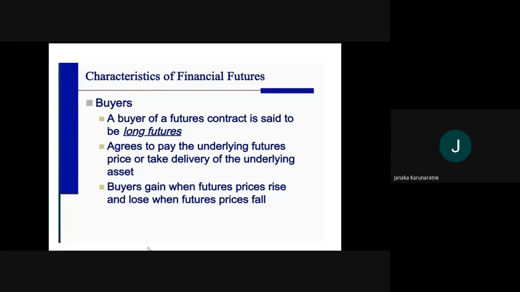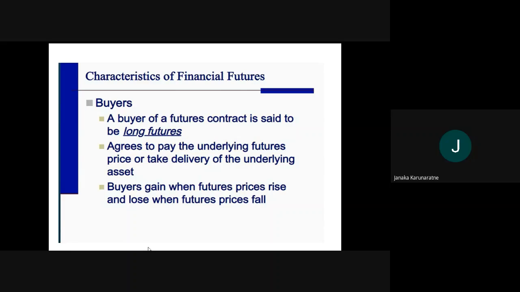How does the buyer benefit from the market, whether an interest rate related contract or whatever contract? The buyer gains when futures prices rise, and loses when futures prices fall. Buyer means the person who is long.